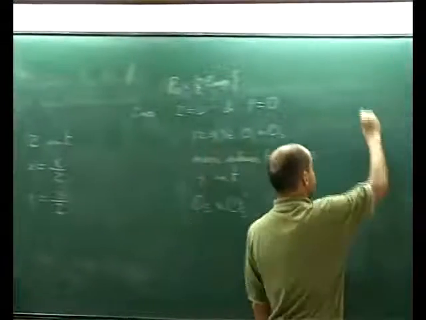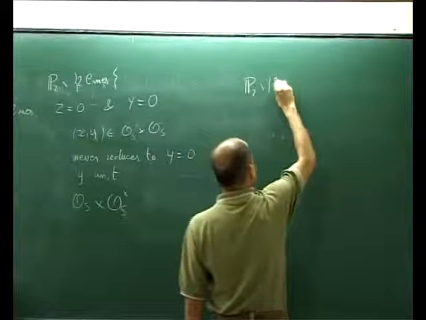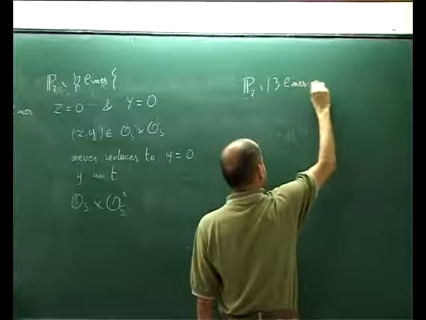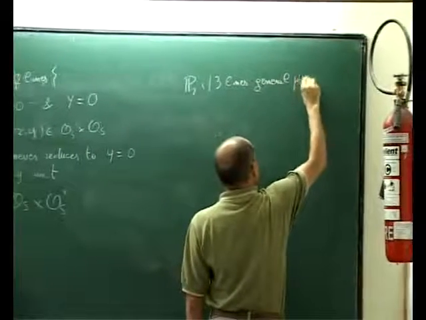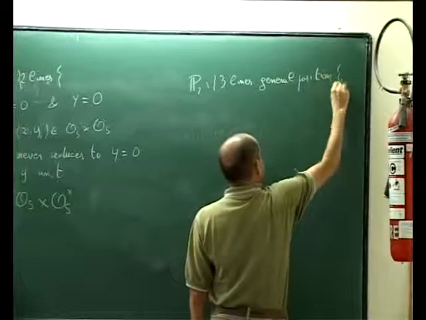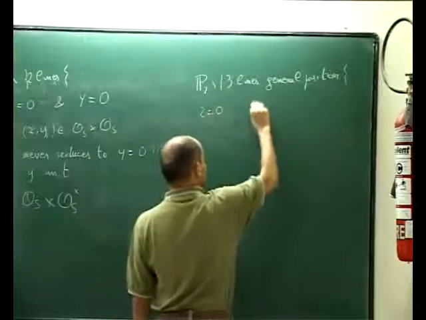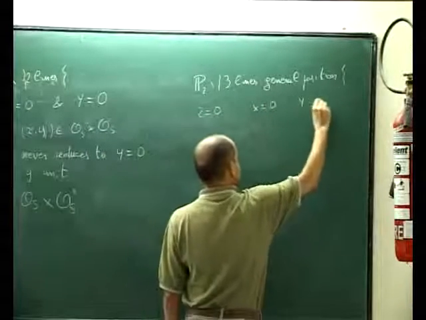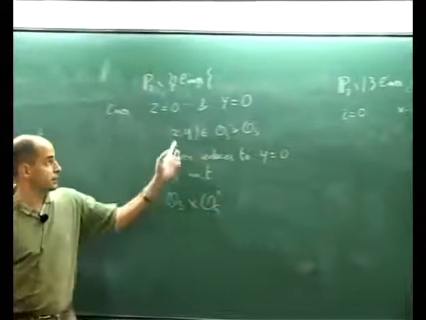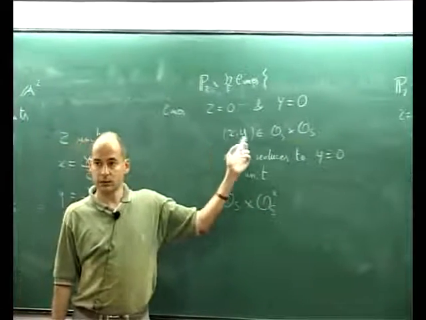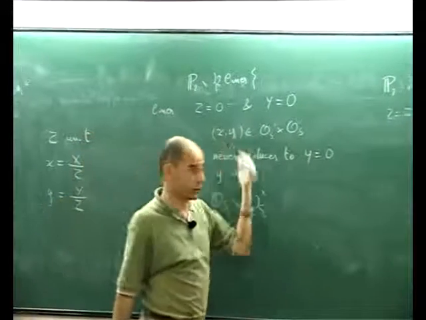And if we consider three lines in general position, suppose the lines are z equals 0, x equals 0, y equals 0, and we obtain integral points x, y such that both x and y belong to no prime ideal, so they are units.